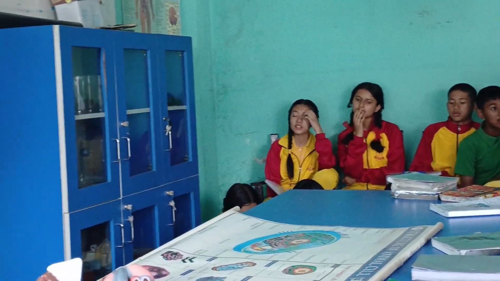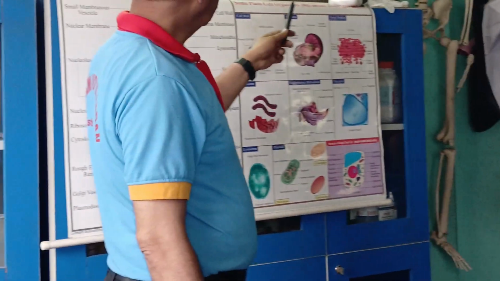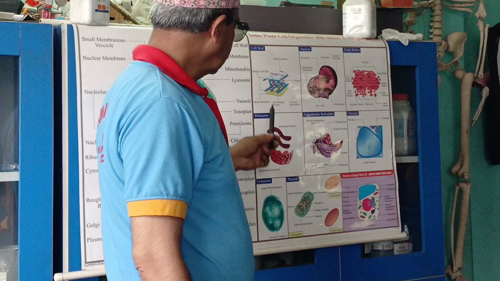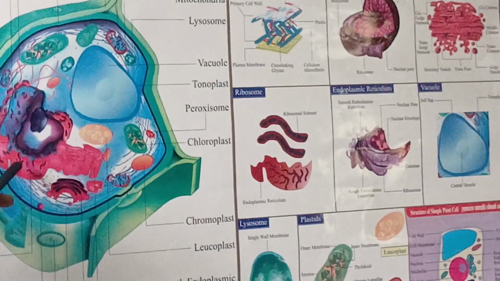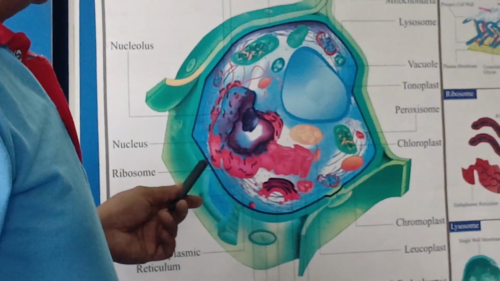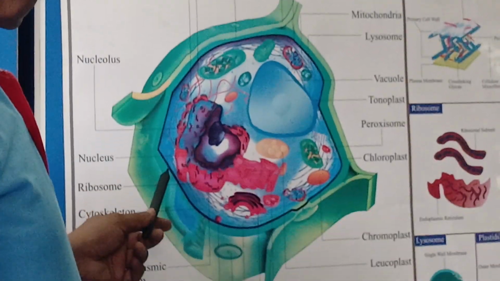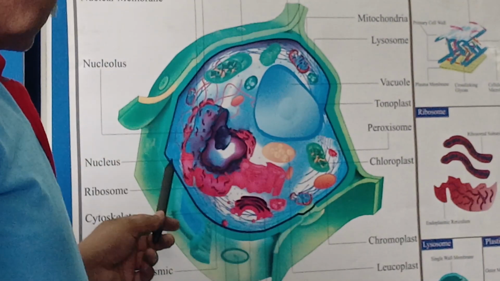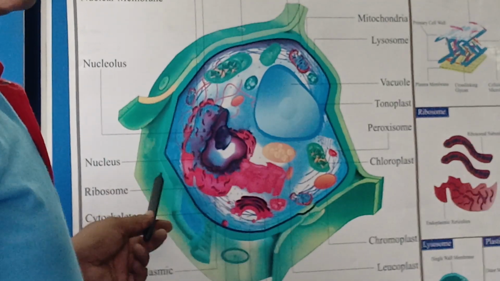So these things you have to remember: cell wall, nucleus, Golgi bodies, ribosome, endoplasmic reticulum, nucleus, and cell membrane or plasma membrane. Its main function is to carry substances from the cell membrane to the nucleus and from the nucleus to the cell membrane.